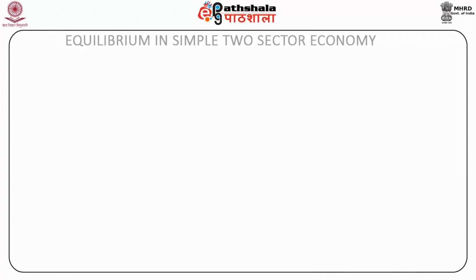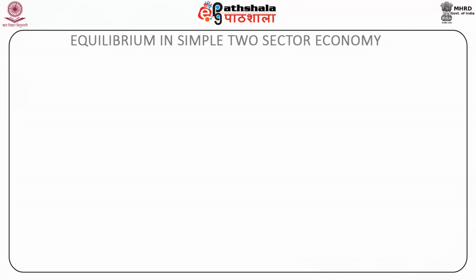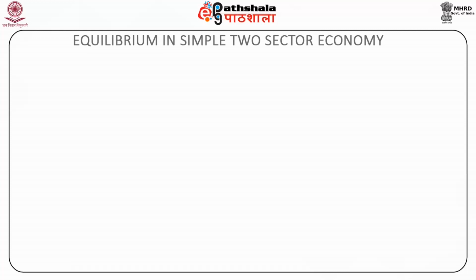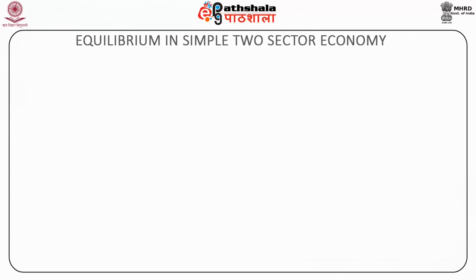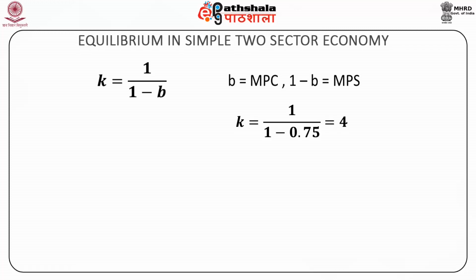It can also be written as 1 divided by MPS, where MPS is the marginal propensity to save. Therefore, for the discussed example, K is equal to 1 upon 1 minus 0.75, which is equal to 1 upon 0.25, which is equal to 4.